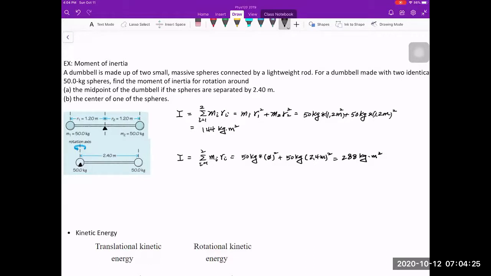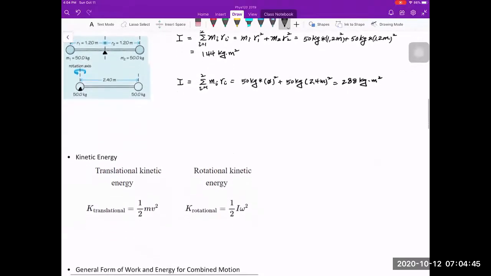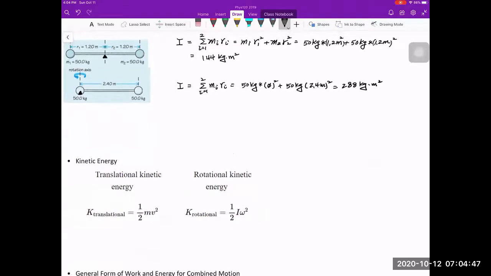So rotating a dumbbell around the center is easier than rotating it around one of the ends of the dumbbell. And that's what this is telling you. We'll go back to this problem a little bit once we introduce energy.